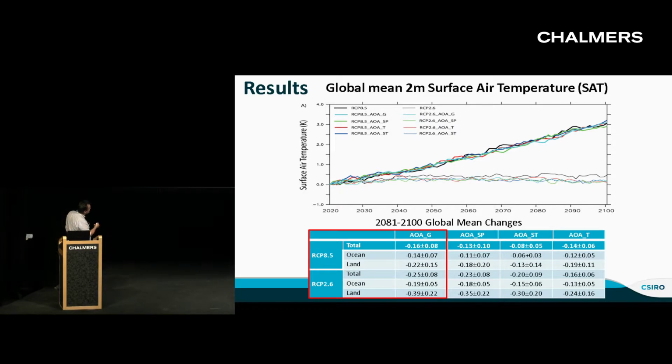Again, very little difference as you'd expect between the simulations, but under the lower emissions you can start to see these really start to separate. You're starting to get an appreciable effect, which I think is really interesting. And that's very much to do with the transient response of the lower emissions versus the higher emissions.